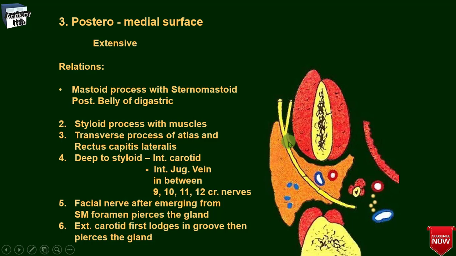What I have told you is the temporofacial and the cervicofacial. Like that, the external carotid artery is situated inside the groove of the parotid gland. After that, it pierces the gland and lodges inside this parotid gland.